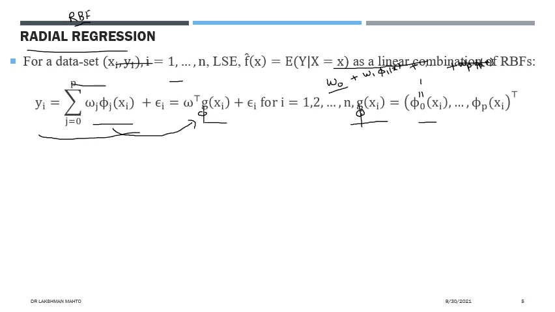So here there is no involvement of x, why? Because it is the bias term, or you can call it the intercept term. In order to make things systematic, we introduce that it is multiplied with 1, and 1 is the zeroth basis function. That's where we are putting this equal to 1.